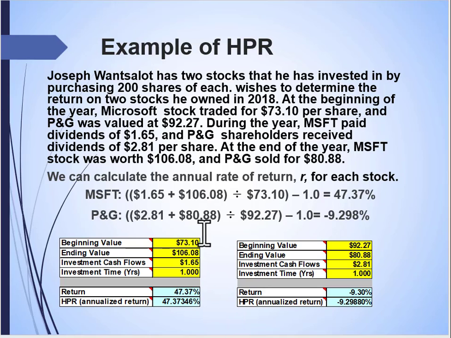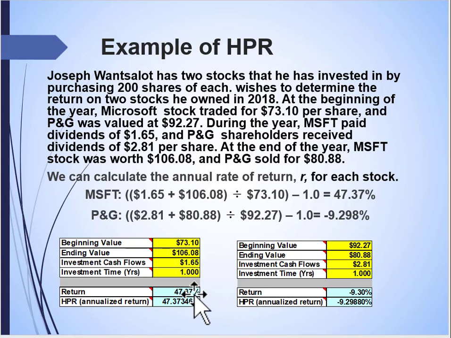The spreadsheet hopefully is kind of descriptive. Put the beginning and ending values. Put the investment cash flows, right? That's the dividends that were paid. And in this case, the time frame, which was 1 year. So in this case, Microsoft earned 47.3% in this 1 year, and P&G earned a negative 9.29.